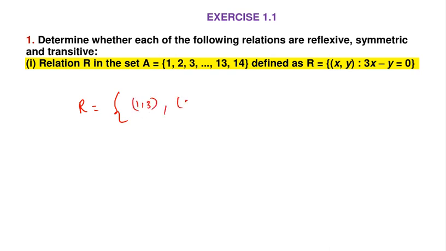(1, 3). If x equals 2, then y equals 3 times 2, which is 6, so that 3x minus y is 0. If x equals 3, then 9 will come: (3, 9), (4, 12) and (5, 15). Only these are the members of the relation. Here (1, 1) is not there, (2, 2) is not there, (3, 3) is not there.